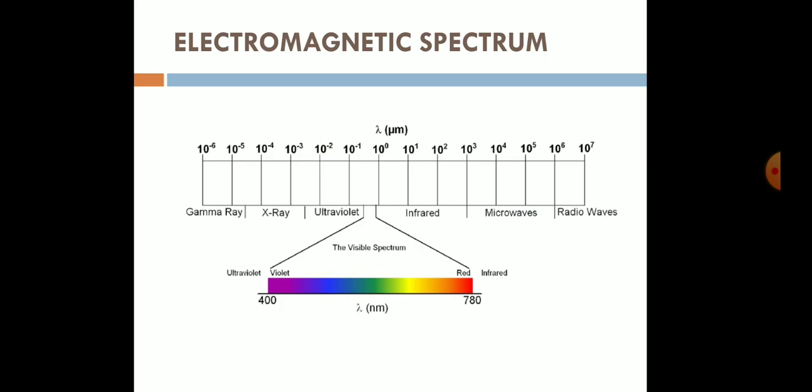In this next picture, which is again of electromagnetic spectrum, I have tried to show you the visible part of the electromagnetic radiation. As you can see, that visible region is a very small portion of electromagnetic spectrum, and here it has been magnified to show that it extends from violet band to red band, and the wavelength of visible region is between 400 to 780 nanometer.